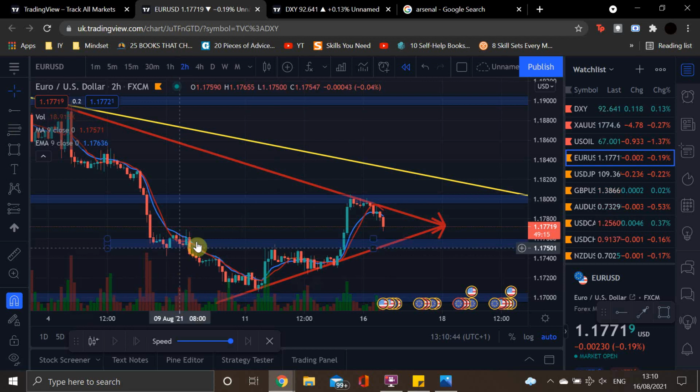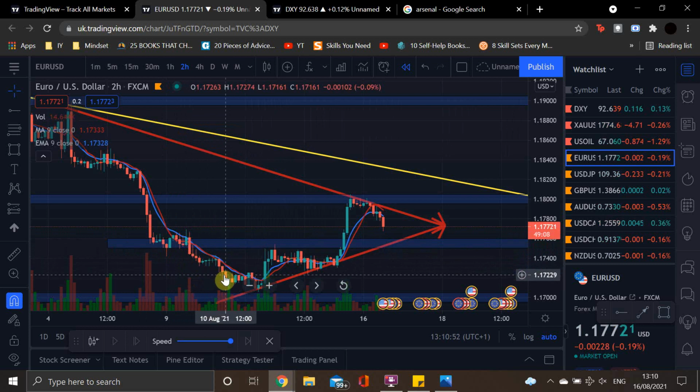Look at this, guys. That's an area of supply and demand. It had some consolidation here and then broke below all the way down here. Obviously, this is also an important area at 1.172.